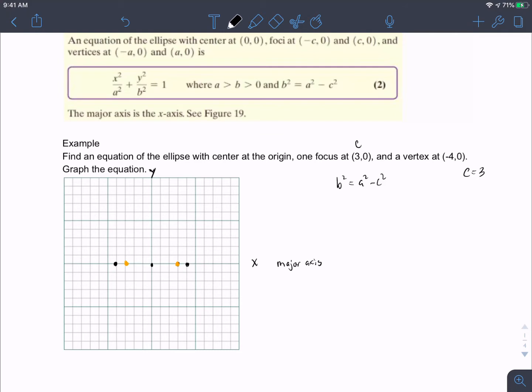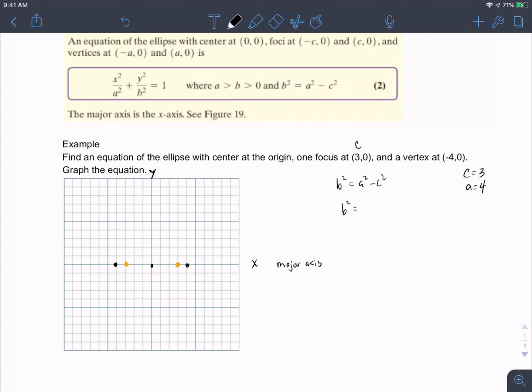The a is found from the vertex, so a is 4. These numbers are always positive. So b squared is equal to 16 minus 9, so b squared is equal to 7. So b is equal to plus or minus the square root of 7.